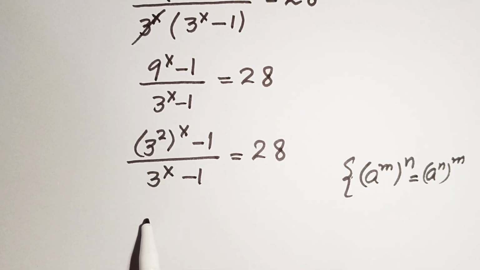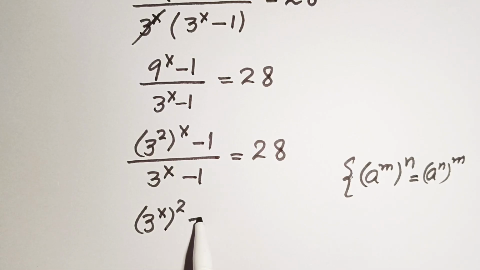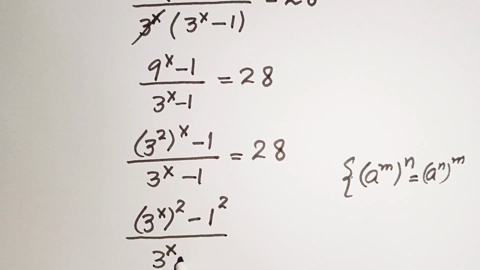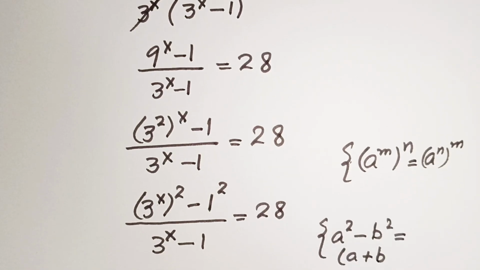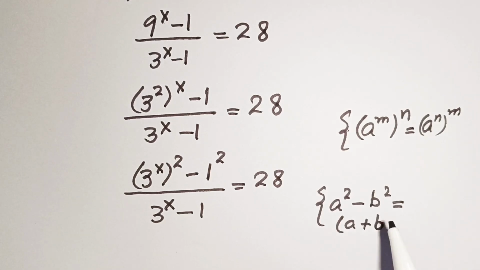Then here it will be (3^x)^2 minus 1 squared, which is equal to 1, and in the denominator 3^x - 1, that is equal to 28. Now by the law, a squared minus b squared is equal to (a plus b) times (a minus b).